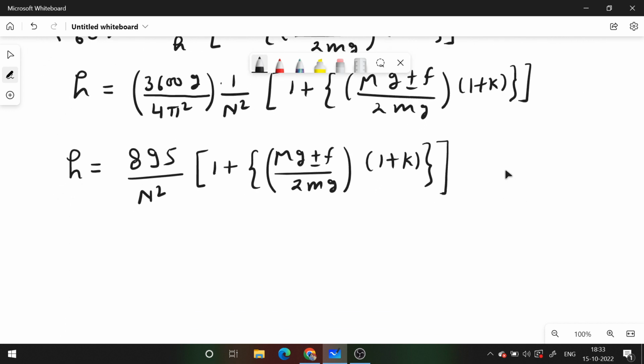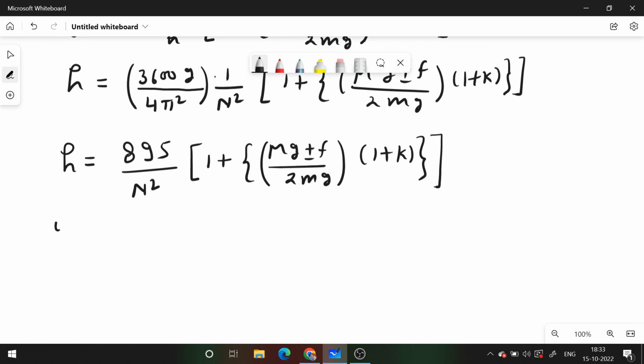If alpha is equal to beta, in that case k will be equal to 1 because tan alpha is equal to tan beta, and the friction force is 0.